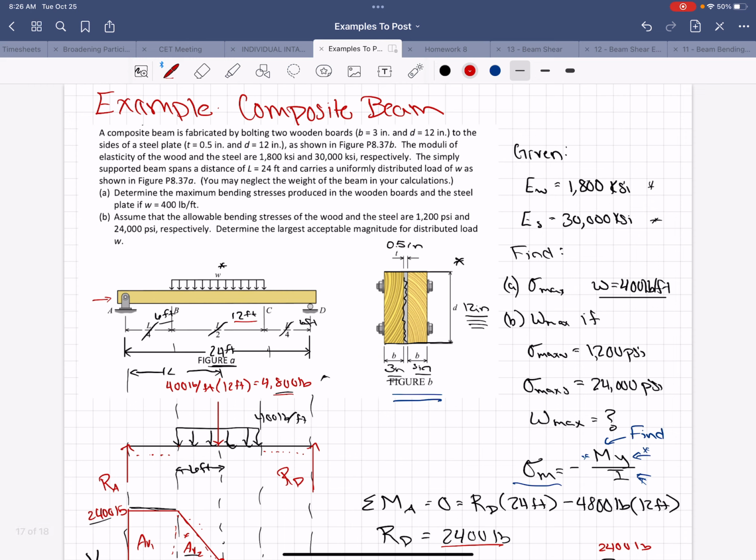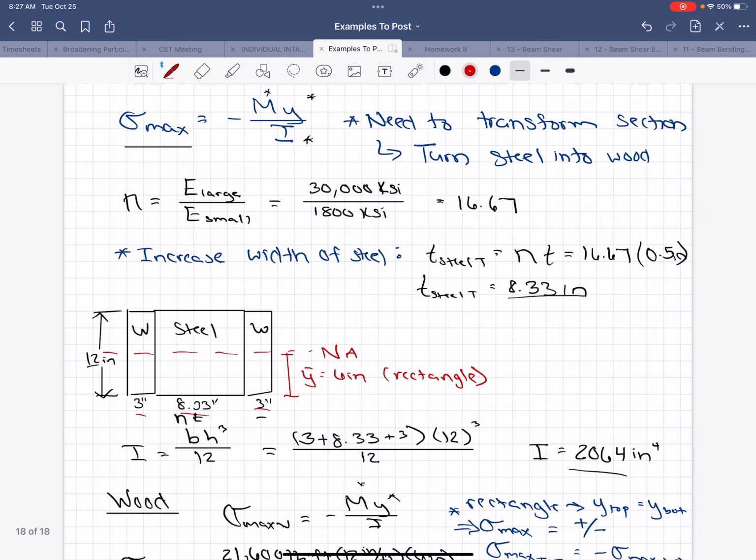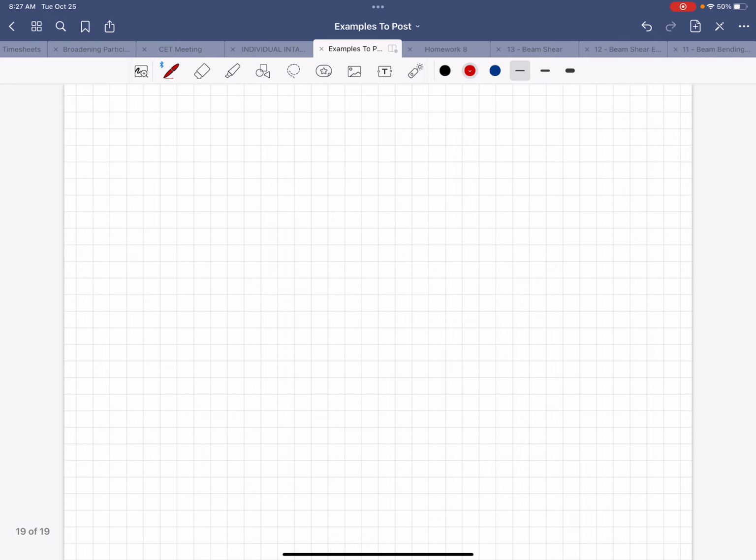Now we have to do part B. So assume that the allowable bending stress in the wood and steel are, so we have a sigma allow of wood is 12,000 psi and a sigma allow of steel of 24,000 psi. And we're supposed to find the magnitude of what W would be in this case. So we are going to start part B here.